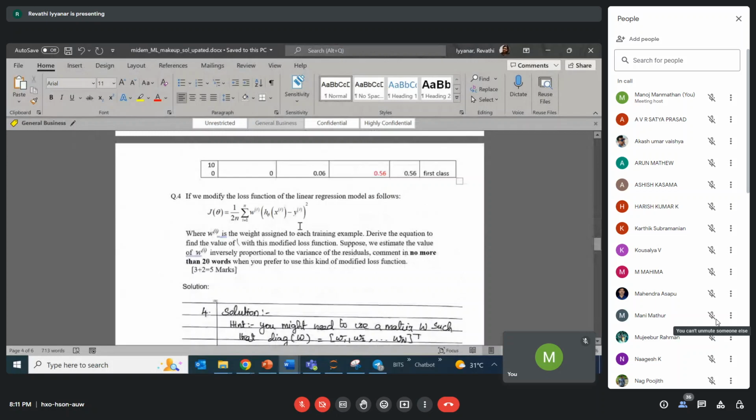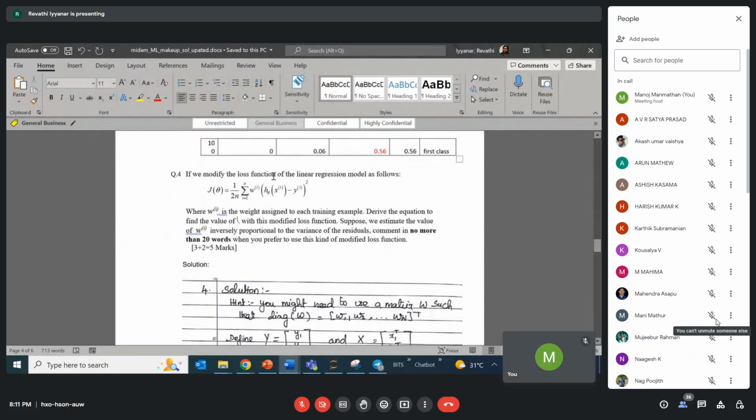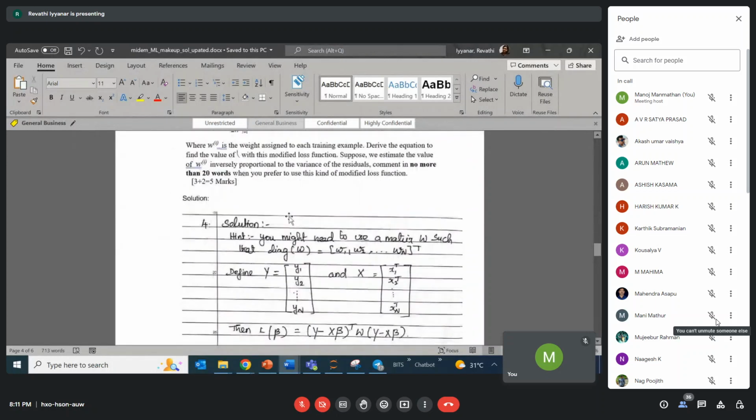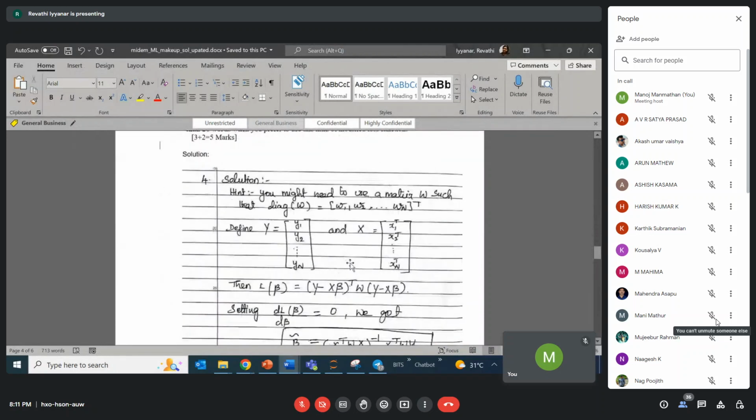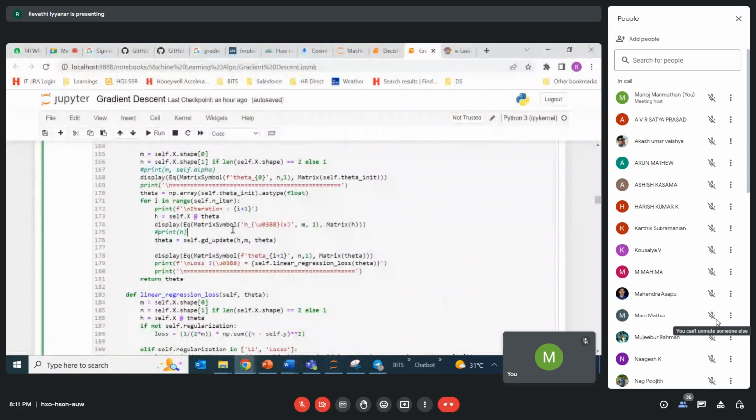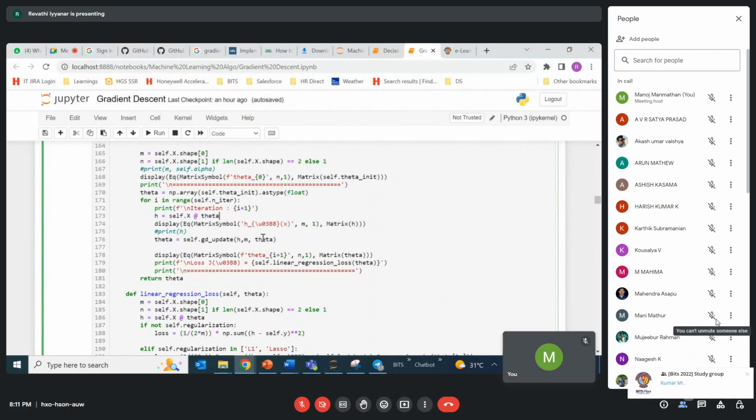I think this is a modified loss function, not the hypothesis. If at all the hypothesis is changing, this is where we have to change. But if we have something to replace and see some other example functions, we can try.